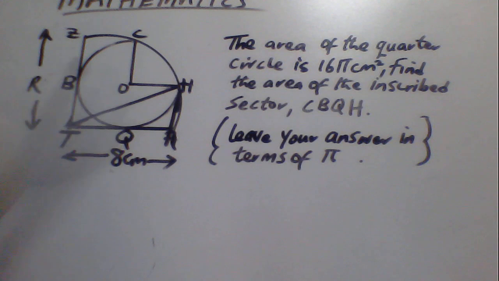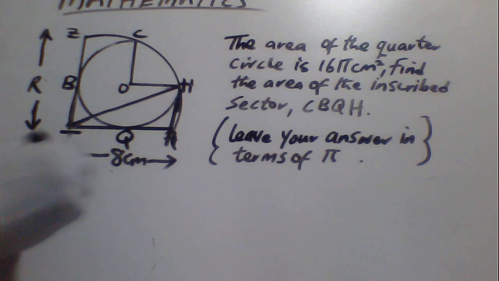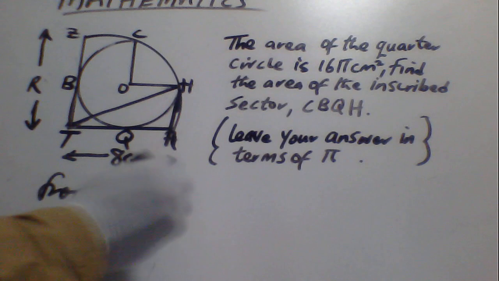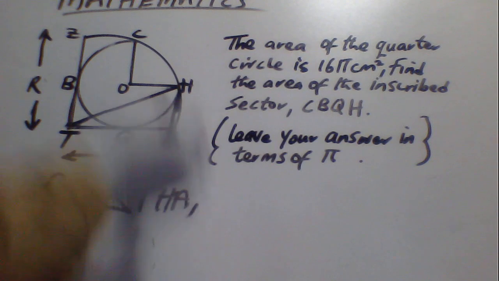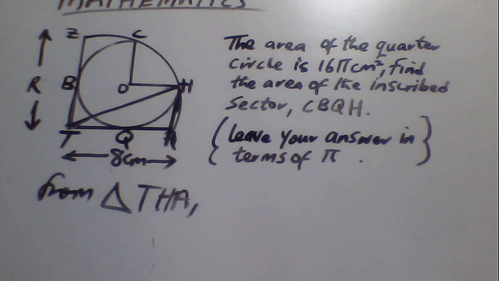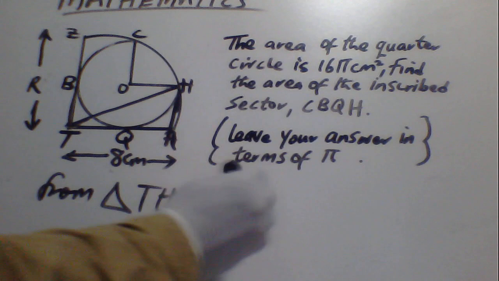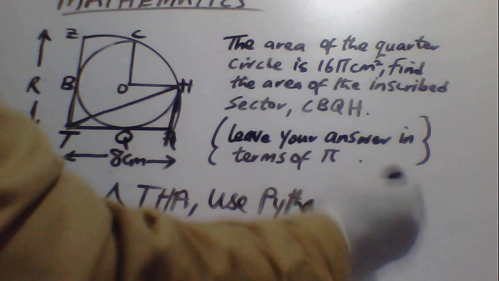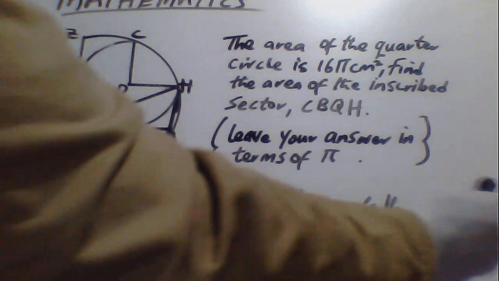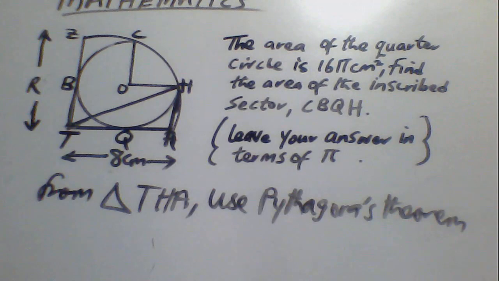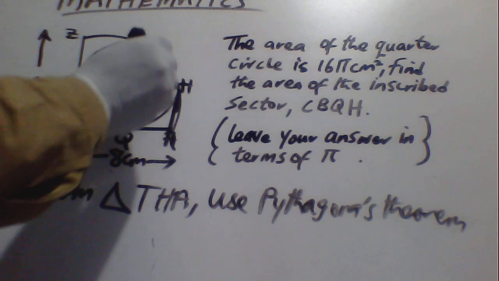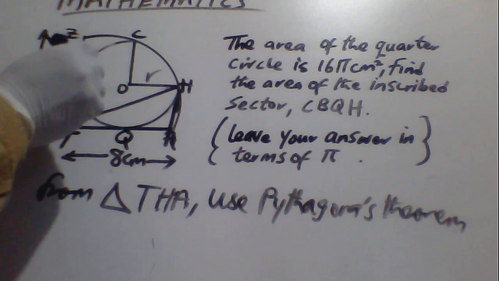So from here, we now have triangle THA. In triangle THA, you have to use Pythagoras theorem to solve it. We call HO to be small r, and we can join this line.